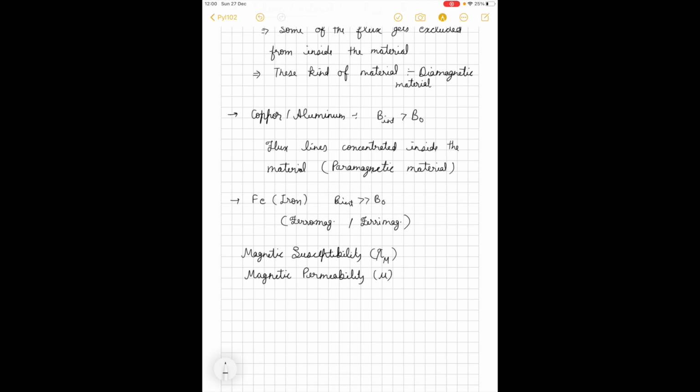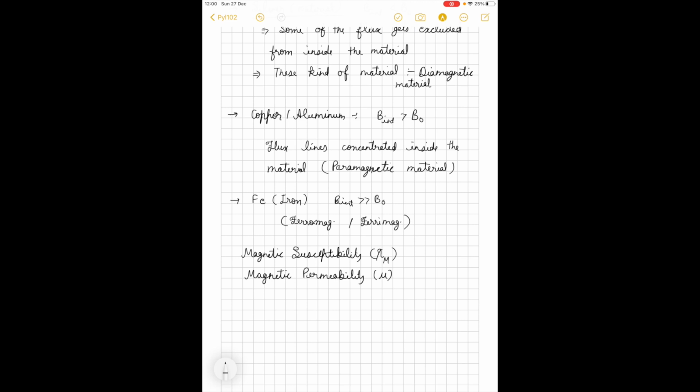Yeah, it can be a bit confusing because we are calling permeability also mu and magnetic moment also mu, but I'll say that magnetic moment will generally be denoted in units of mu b, Bohr magneton, so you'll be able to distinguish it. Or I'll make this statement more specific depending upon what symbol we are using where.